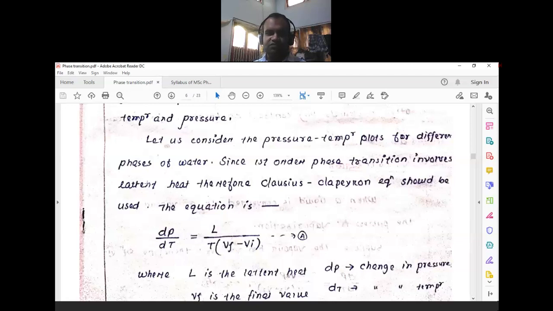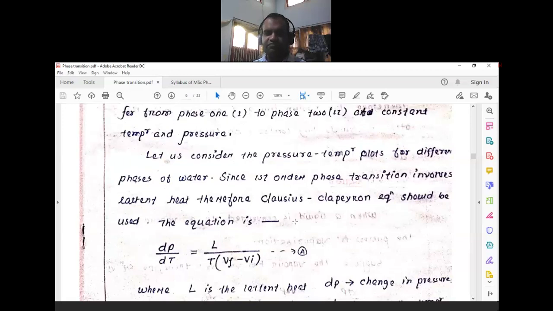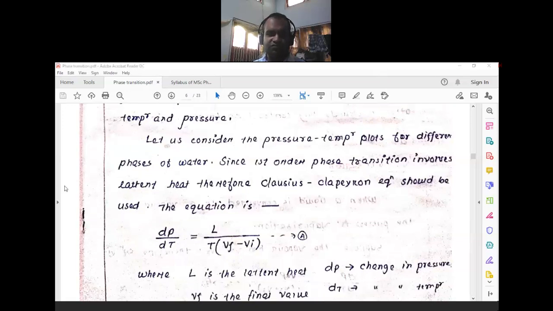Since the first order phase transition involves latent heat, therefore the Clausius Clapeyron equation can be written as follows. Already I have mentioned in one of your classes earlier that first order phase transition involves latent heat L. So what is this latent heat? Latent heat is the amount of heat which is required to change the phase of a material from one phase to another at constant temperature.